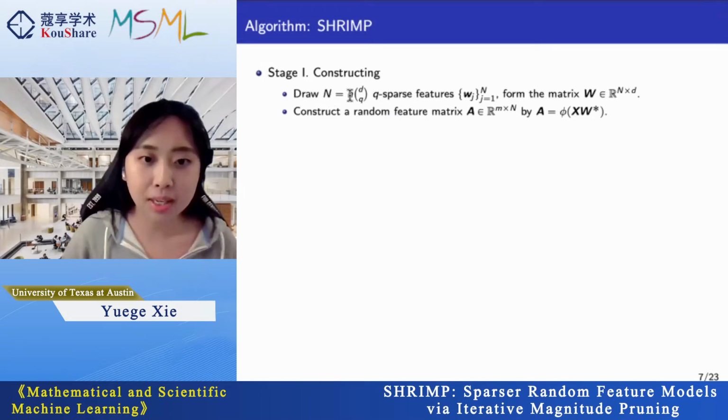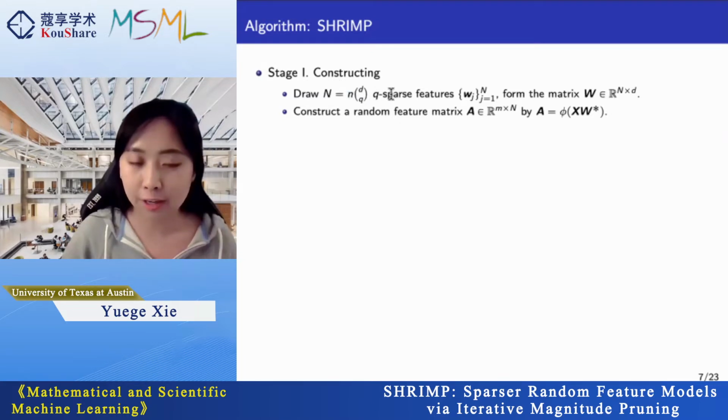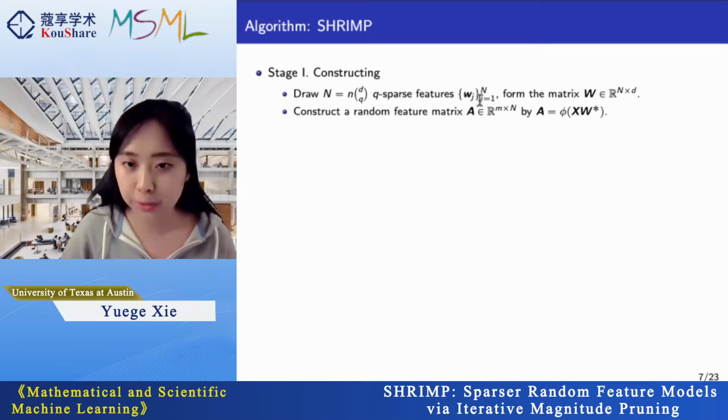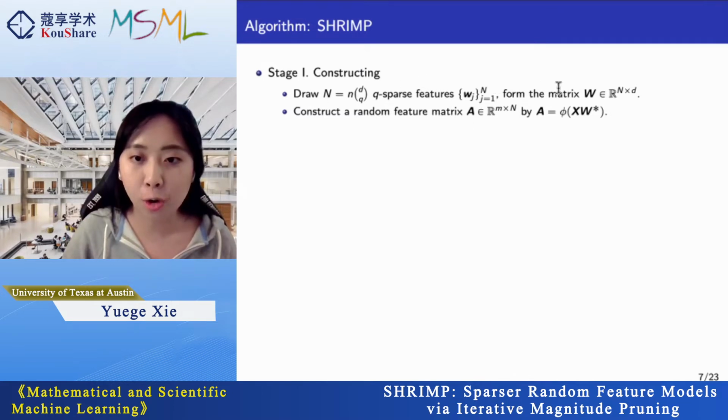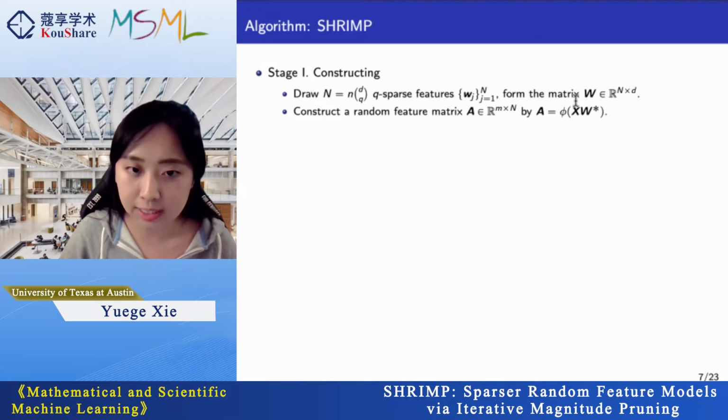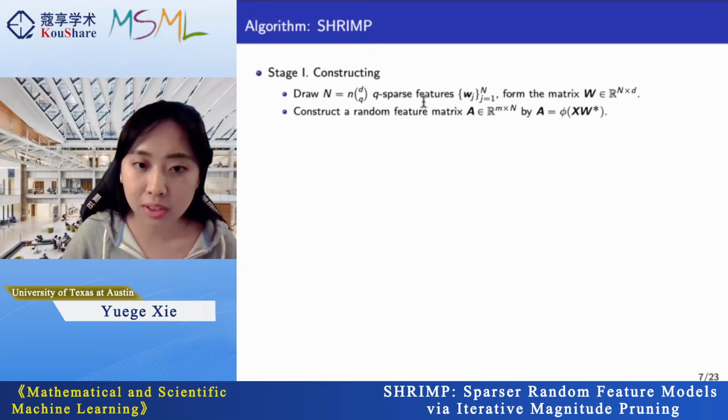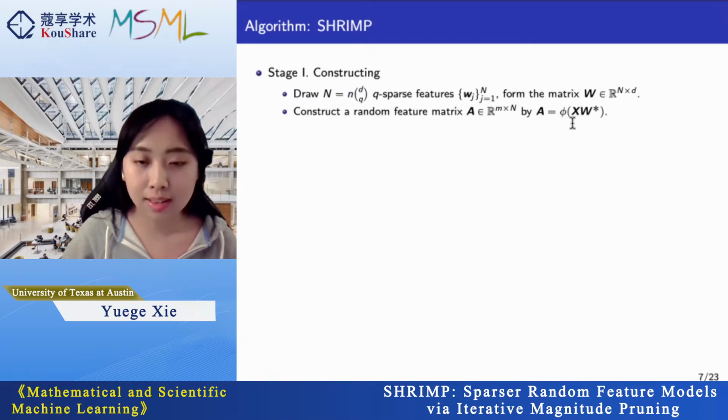The n can be small, n times the D choose Q scale, which is the number of different interactions we can have for the d-dimension vector with Q-sparse features, and we can form the corresponding matrix W here. Then we construct the random feature matrix A with the data times the feature vector and add an activation function in front of it. That's the way we construct our feature matrix.